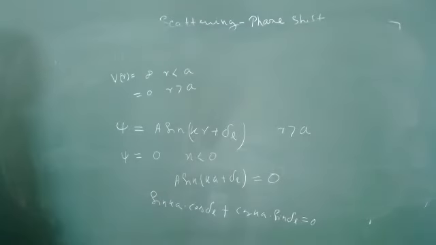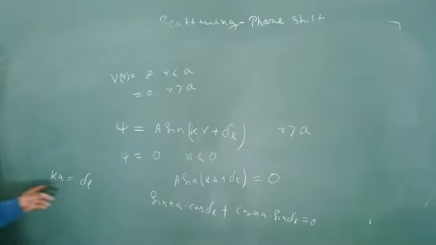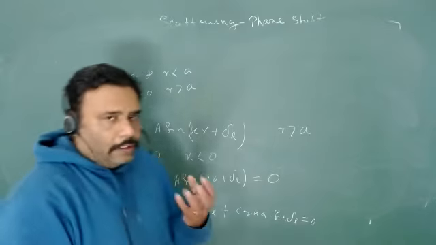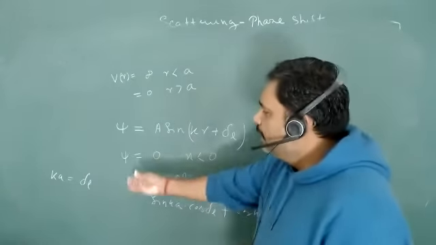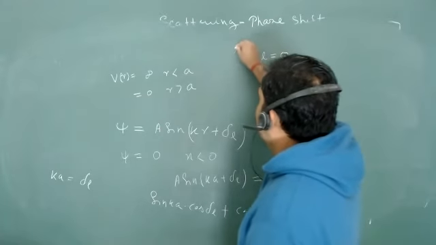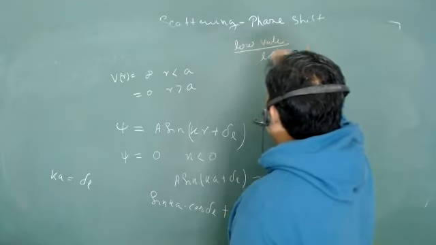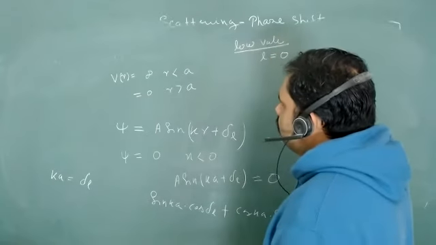Solving from here, we get ka is equal to delta L. Mainly we have to talk about the mod value, so we can have ka equal to delta L. And for the low value of energy, L is equal to 0 we can put.